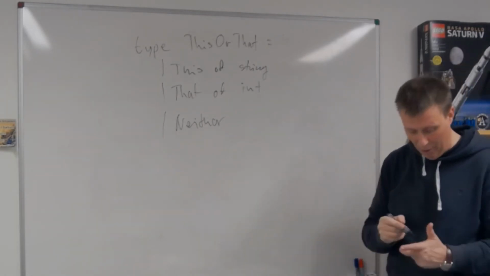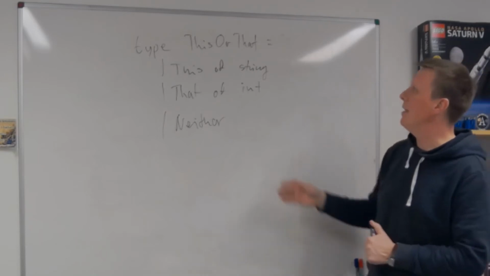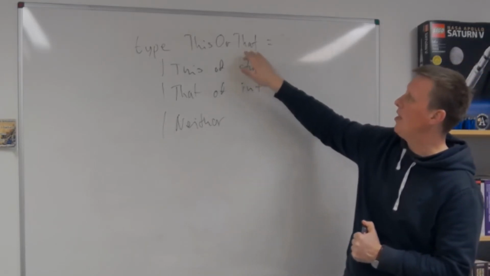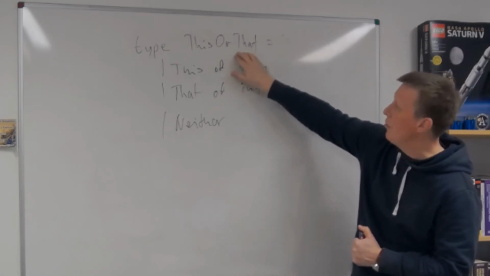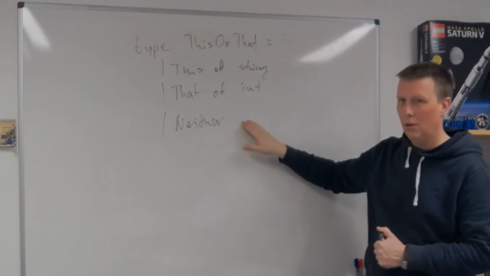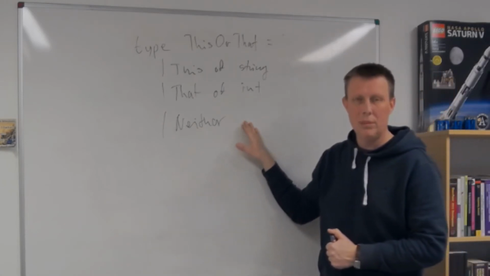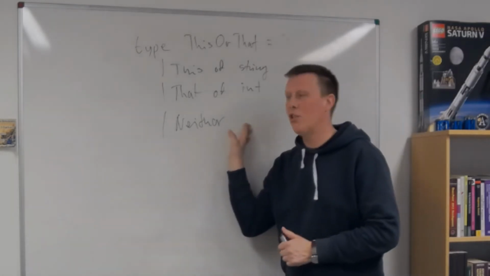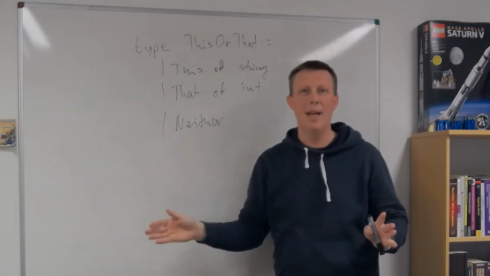That's just the label. Now what this means is that this type, if I create a value from this, that value can either be a string or an int or nothing at all. This would be where the C programmers, C# programmers would say, okay, it's a null value.